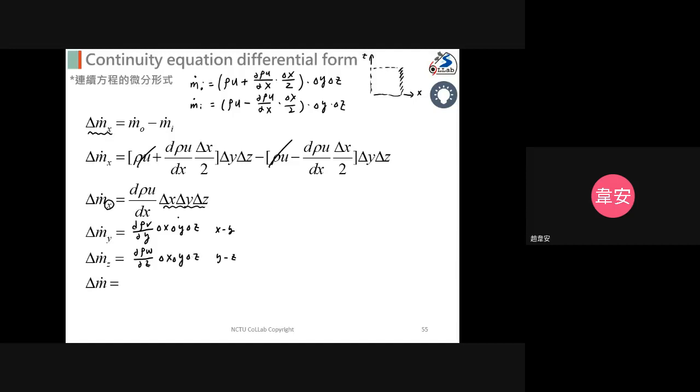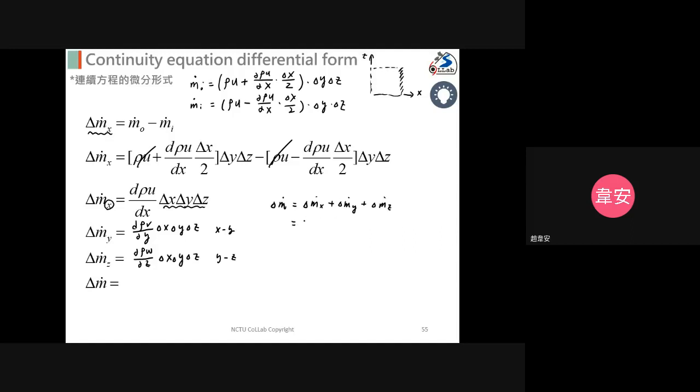And if you summarize, the total outflow mass rate is equal to the mass rate along the x plus the mass rate along the y plus the mass rate along the z directions.